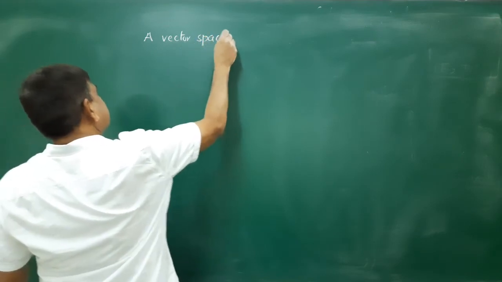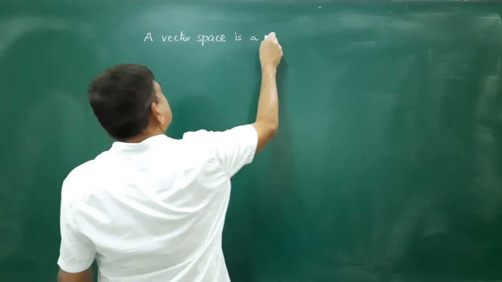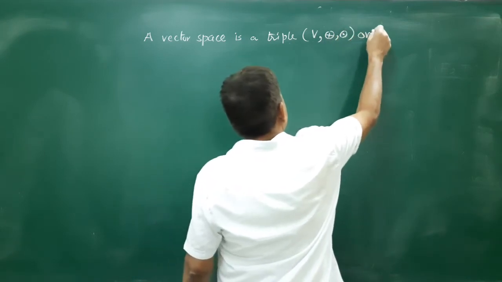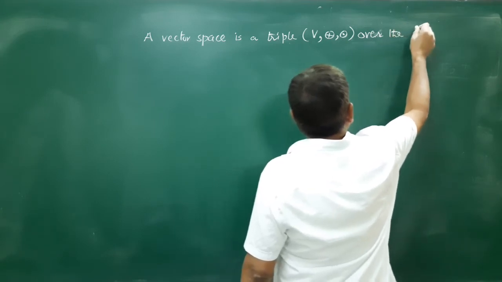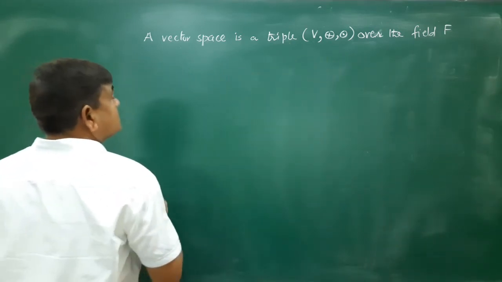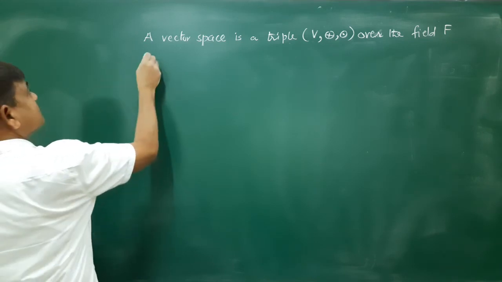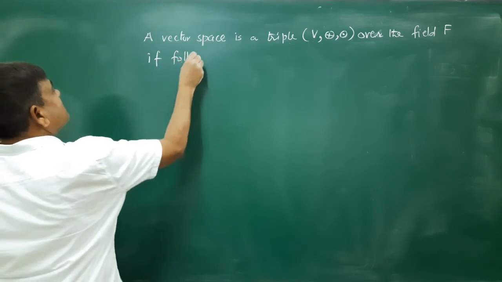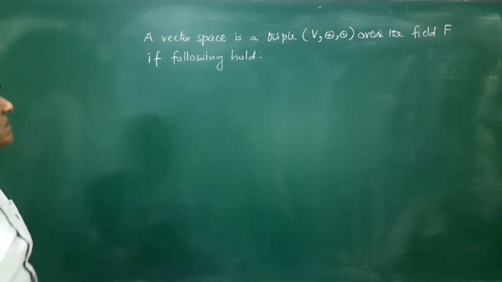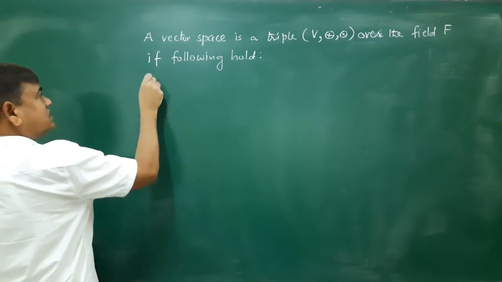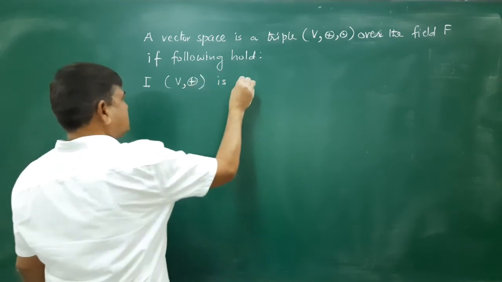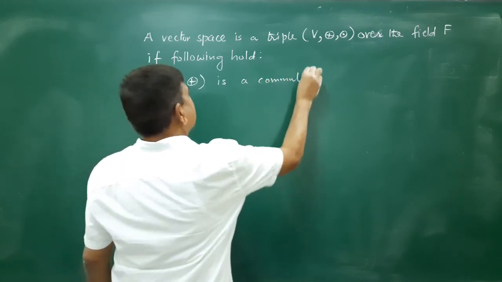A vector space is a triple over the field F if the following hold: first, it is a commutative group.